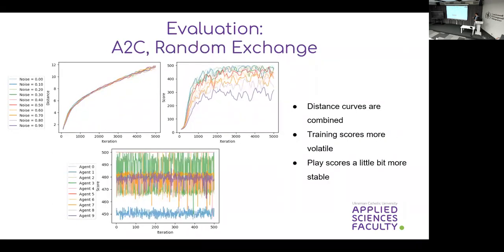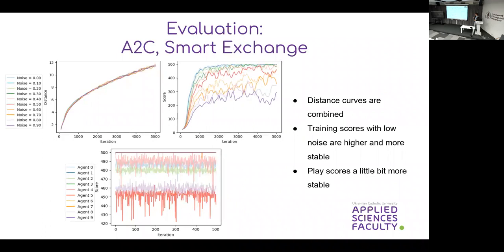Just having this plot of how the agents train didn't give us enough insights to have some starting conclusions for the future research. Because of that, I also tried to add this play phase to actually compare the agent's performance at the end of the training.